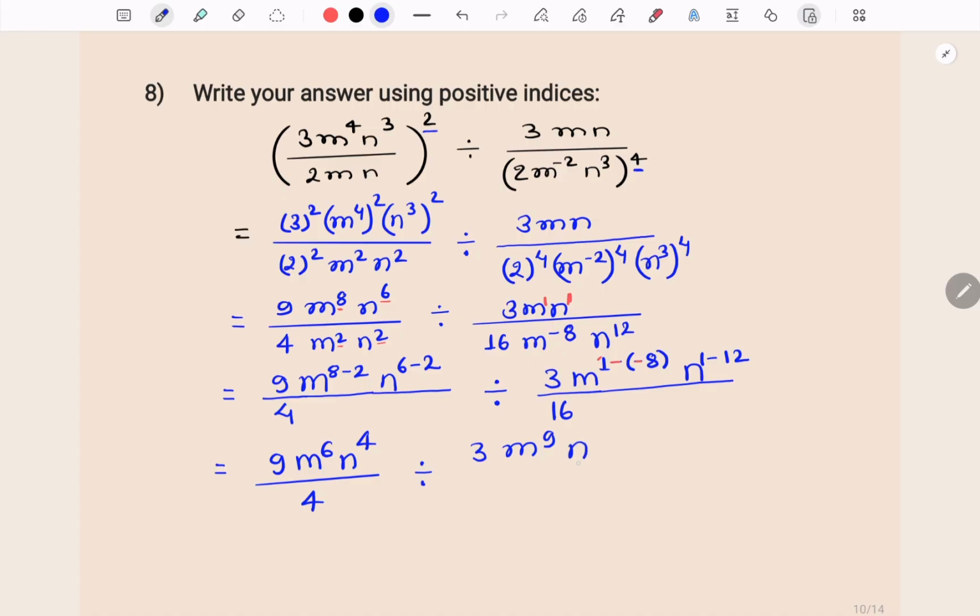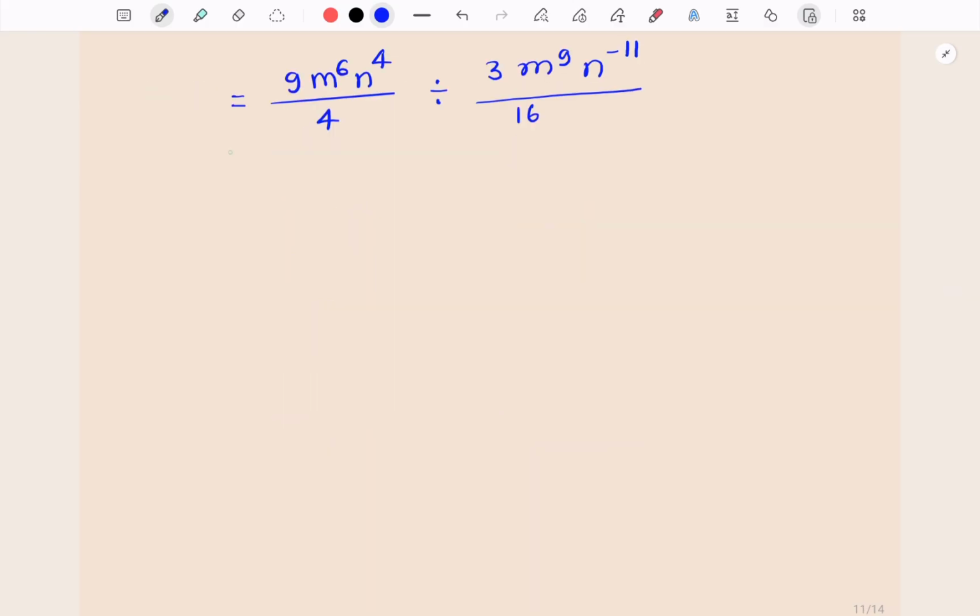Then we have n. 1 minus 12 is negative 11 over 16. I'm writing on the next page now.